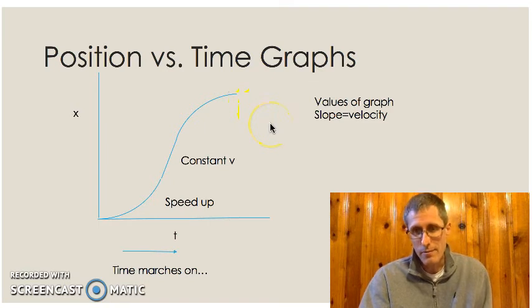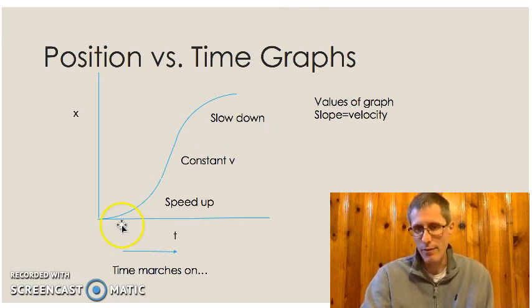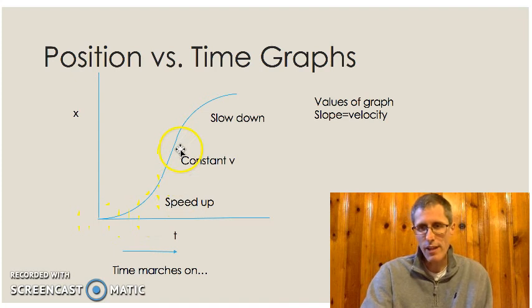And that means you must be slowing down. And that's our story. So maybe if we want to put this in prose: light turns green, the car speeds up, drives a little while at a constant velocity, and then slows down to a stop for the next red light.